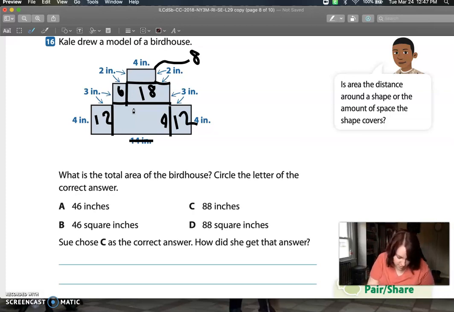I'm actually going to draw this right now so I can see how I taught it to you guys. I'll even show you on here a little bit better to show you the areas of each section. But let me just get it written down first.